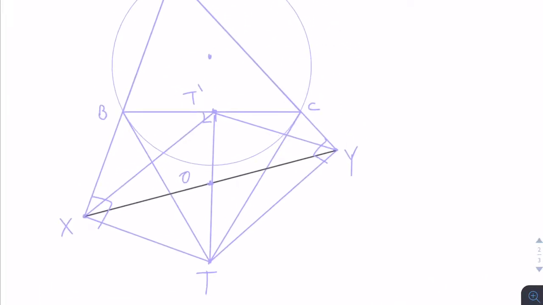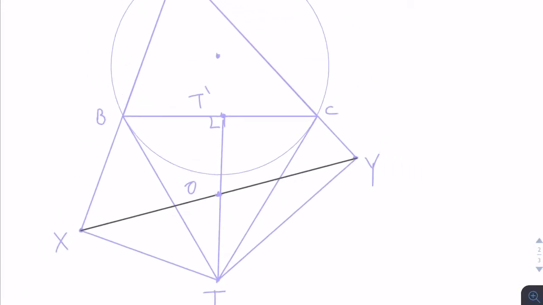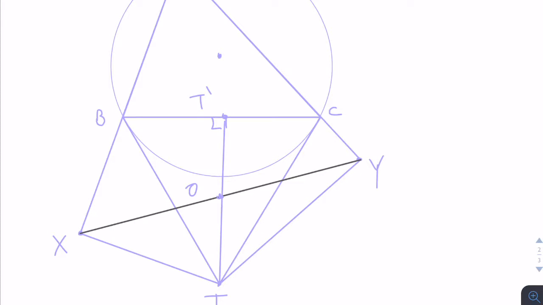And we know this will suffice. So ultimately this comes down to proving that the midpoint of BC, T prime, is actually the orthocenter of triangle AXY.